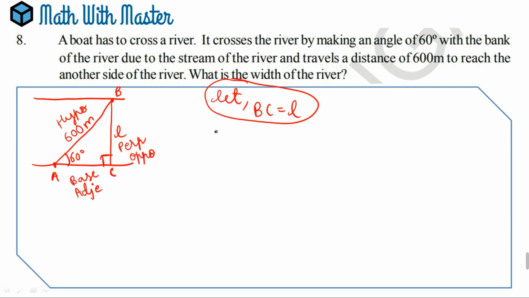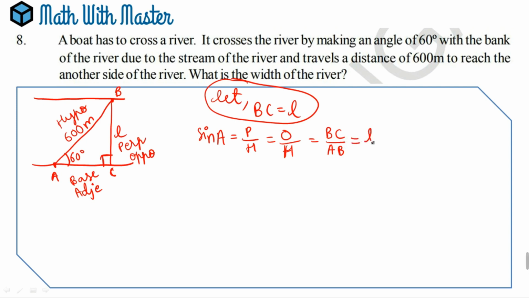So we can use cosec theta or we can also use sine theta. So we will use sine theta. Here sine A will be equal to perpendicular upon hypotenuse, which is also equals to opposite upon hypotenuse, which is equals to here BC upon AB.